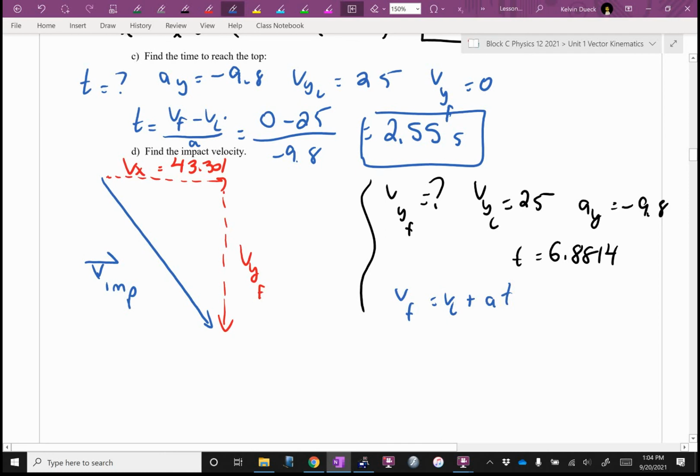By the way, when we impact the ground vertically, what direction are we traveling? So what kind of an answer am I expecting here? I won't freak out, I'll relax.